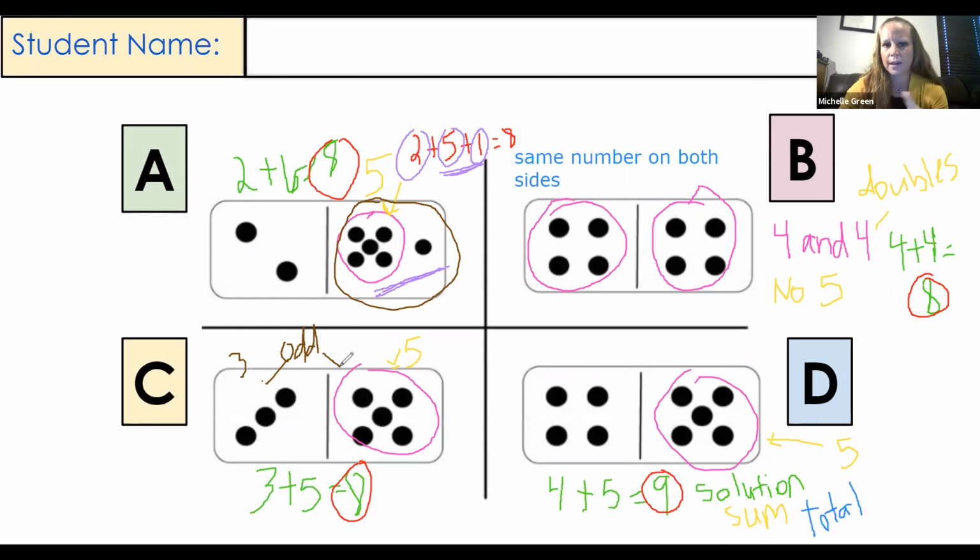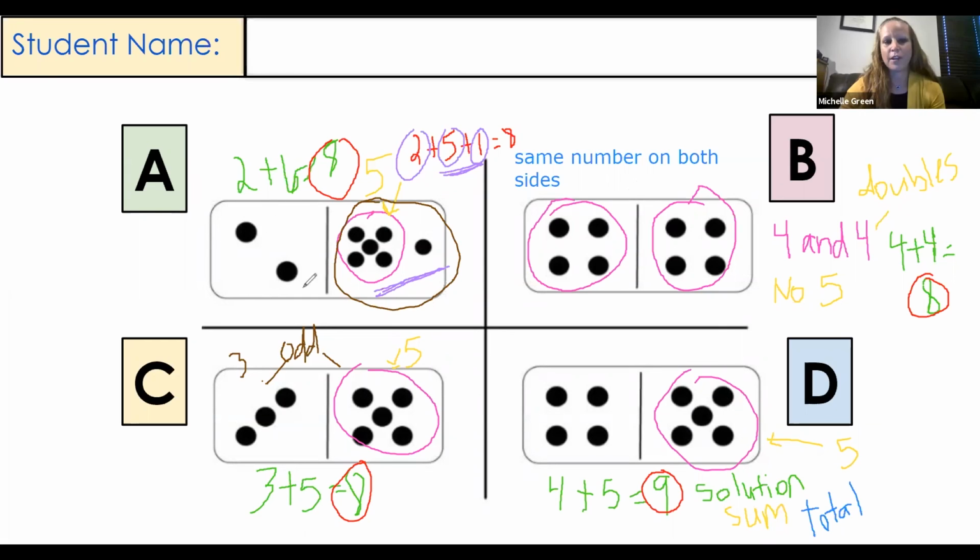So Brenda, I'm going to come to you. Faith said that these 2 have odd numbers, but A, B, and D are different. Can you kind of revoice what she was saying about odd numbers and even numbers? So she's saying that on the other dominoes, there's at least one even number.